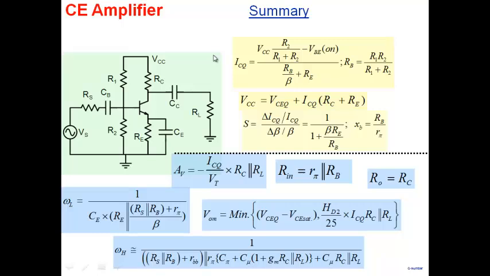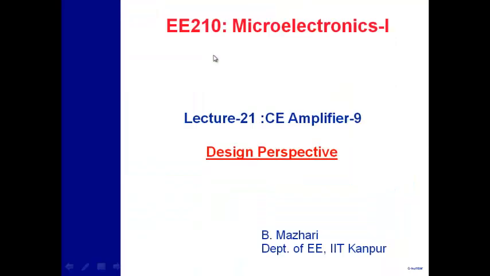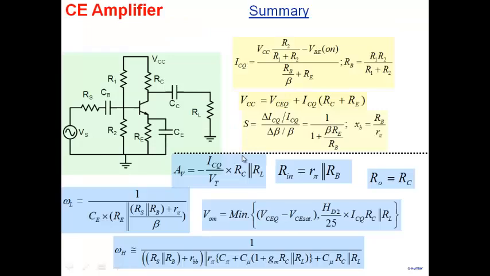So as you can see here, so far we have done analysis mostly, and in this particular discussion, we want to take a look at the common emitter amplifier from a design perspective. You want gain, and all these specifications, all these characteristics of amplifiers, depend on a handful of parameters.